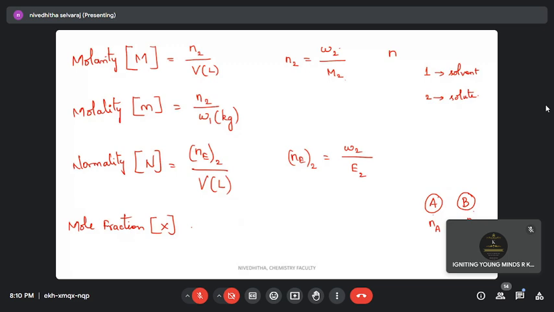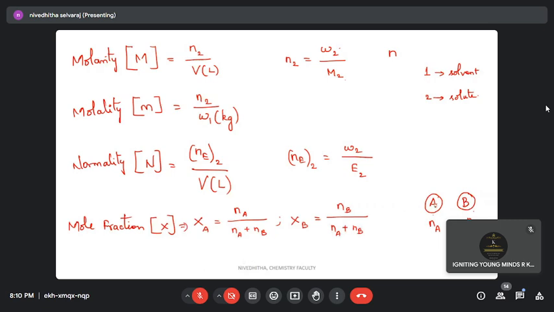Similarly, what is the mole fraction of B? Mole fraction of A is number of moles of A divided by number of moles of A plus number of moles of B. So what is the mole fraction of B? Now the numerator should be number of moles of B, divided by number of moles of A plus number of moles of B. That's it.